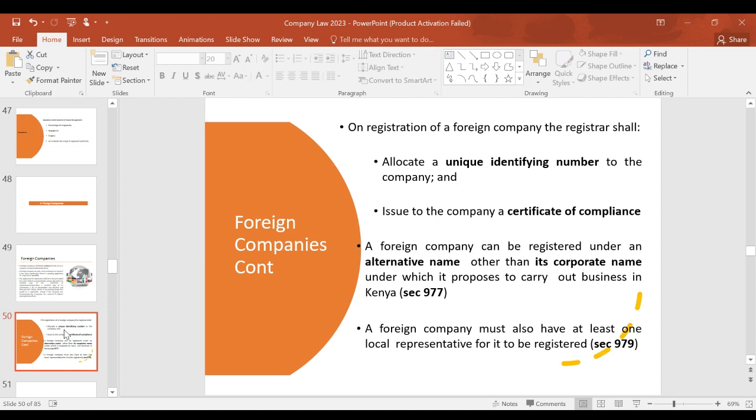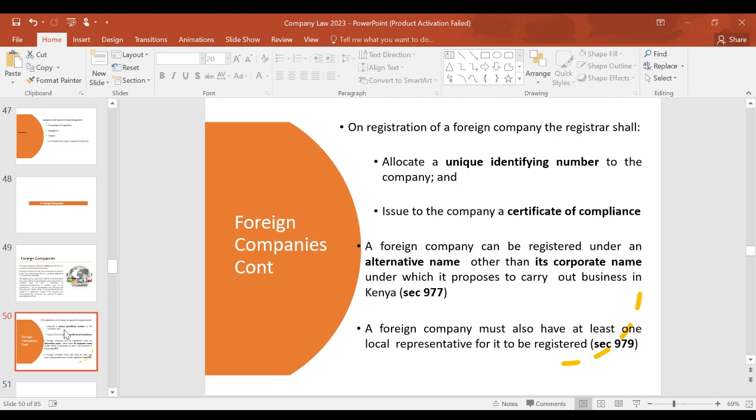So you may have Diageo UK as the parent company, and in Kenya that particular company is called maybe Diageo Kenya Limited. So that can be an alteration of the name given during the incorporation in a foreign jurisdiction.